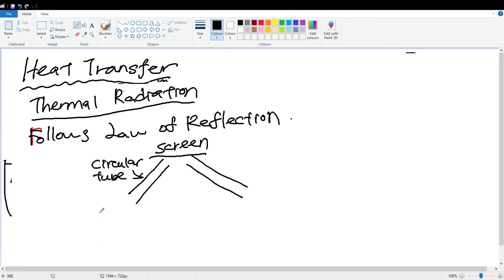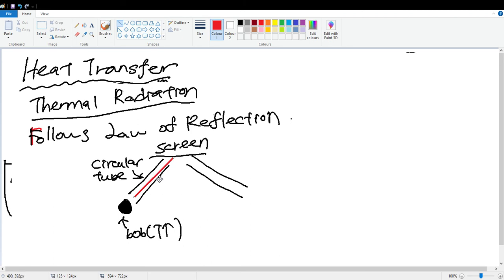This is the bulb, which is a high temperature bulb. My temperature is high, and we know that the radiation of heat travels in this way.